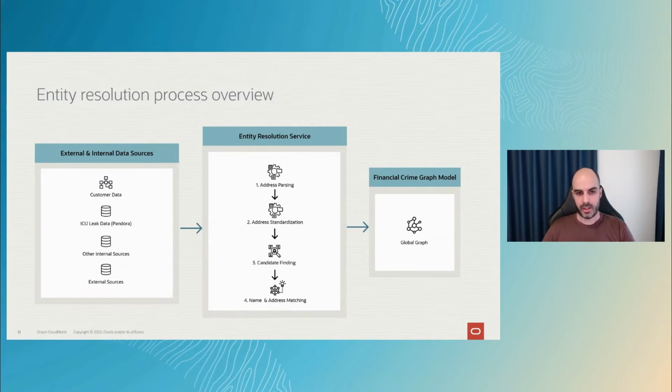So we then can do matching on a subset of the possible pairs of entities to reduce the complexity of the whole operation and to increase the speed of it. And the ultimate goal is to have a global graph representation where all these different entities are linked with each other, and we can have a holistic view of how they are connected with each other and what the similarities between them are.